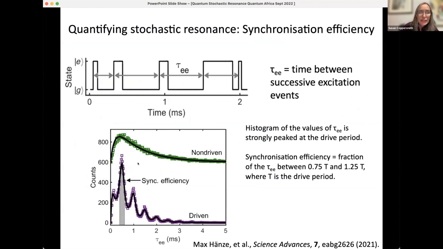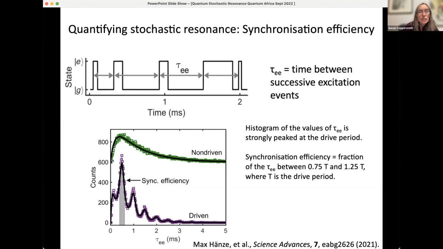That's actually what they're going to plot, and here you can see the strength of the effect. What I showed you before was the real data of the conductance, but now we're just showing the thresholding that they used, so it looks very square, but that's just because the data has been analyzed. What we're going to plot is a histogram of the time between successive up transitions. Here it went up and the next one is here, and then you take this time and put it in this histogram.